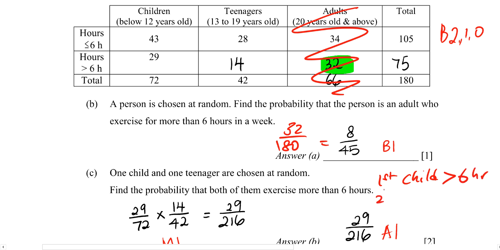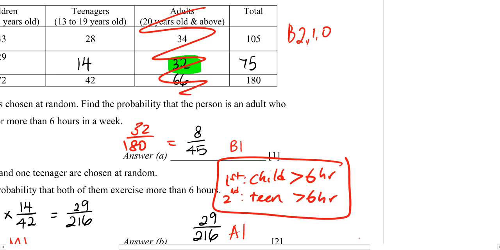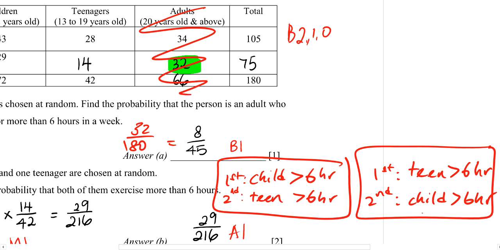Second is a teenager, more than 6 hours, right? This is the first case. Is there another case? The first person is a teen, more than 6 hours. The second person is a child, exercise more than 6 hours. These two are possible, yes?